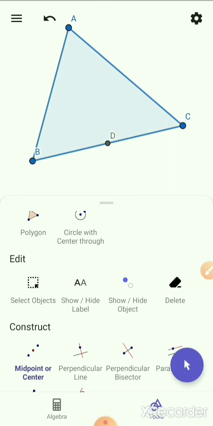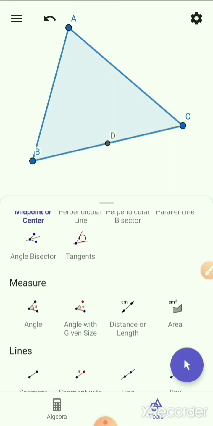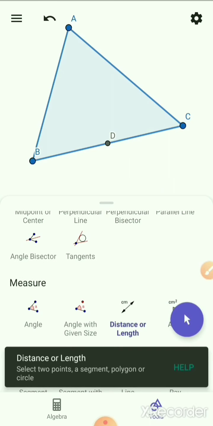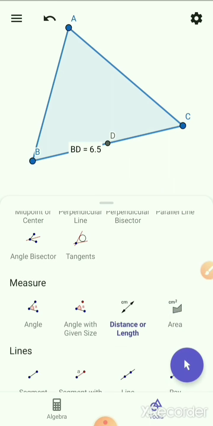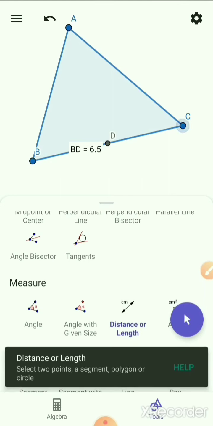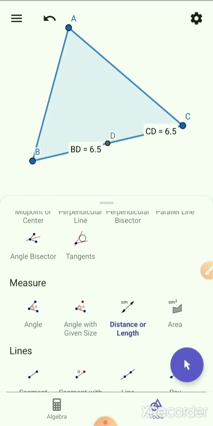Let's check whether it is a midpoint or not. I will first measure the distance of B and D. It is showing the distance of BD is 6.5 centimeter. Now I will measure the distance of D and C. The distance of C and D is again 6.5 centimeter. It means yes, D is the midpoint of BC.